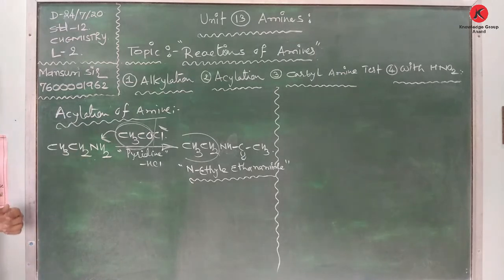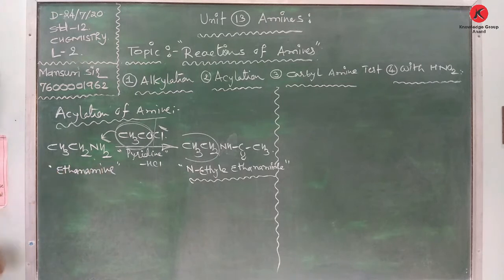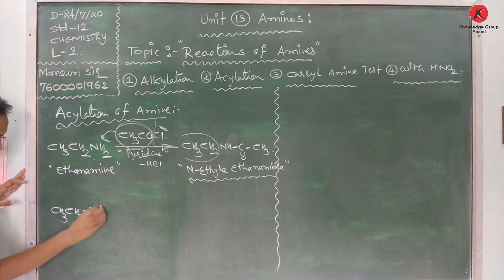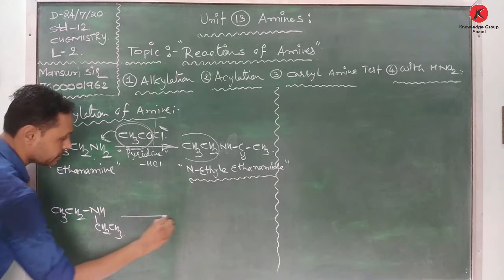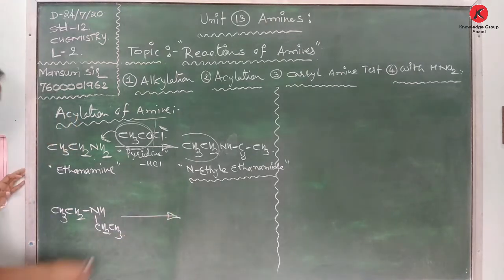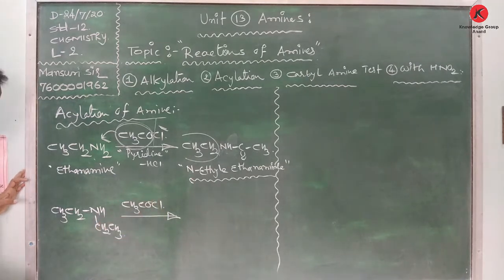Similarly, we are going to a 2-degree amine. This was my primary amine. Now CH3CH2NHCH2CH3. Here is a 2-degree amine, diethyl amine.